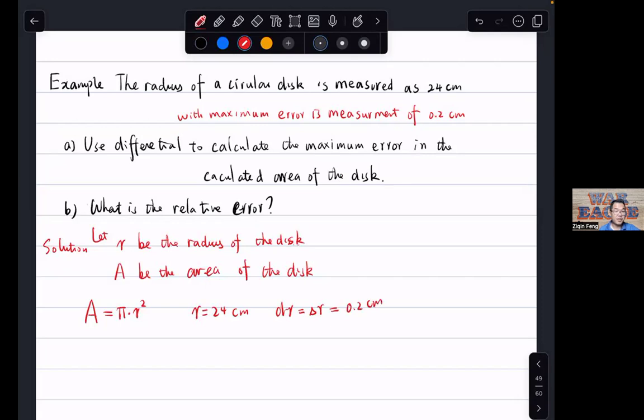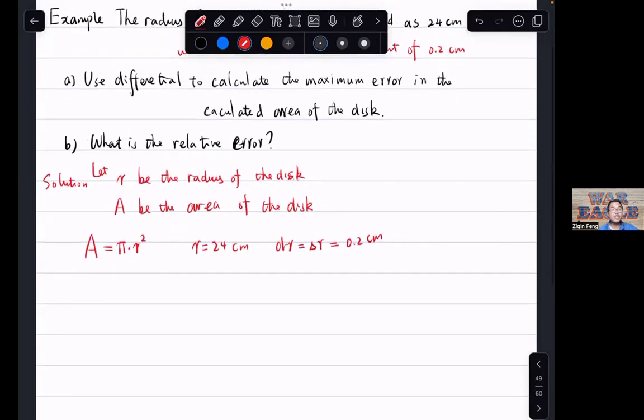What's the differential? The differential will be the change of the area, which will be the error. So we want to calculate when R is 24, dr is 0.2, what's the differential of the area.